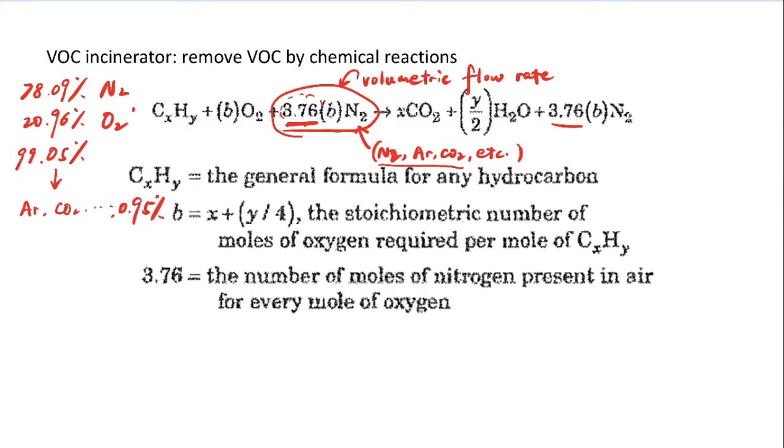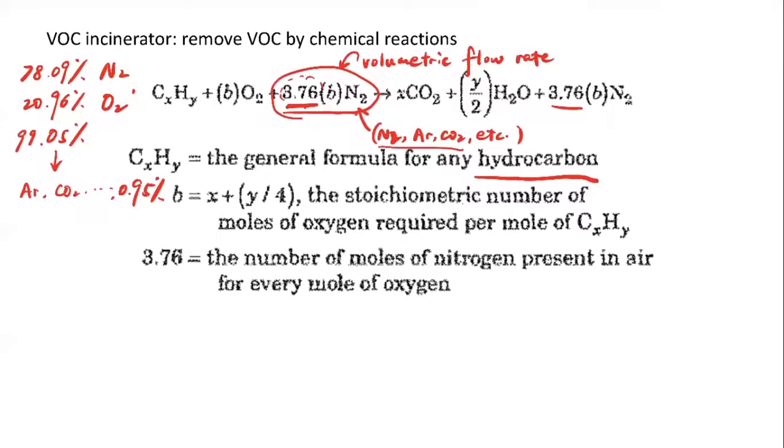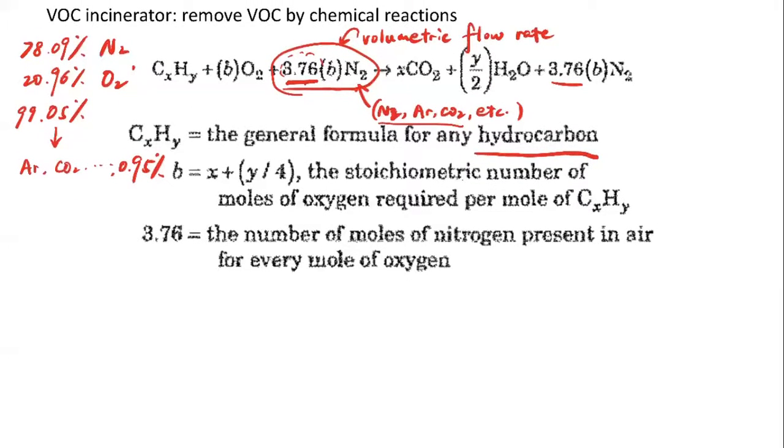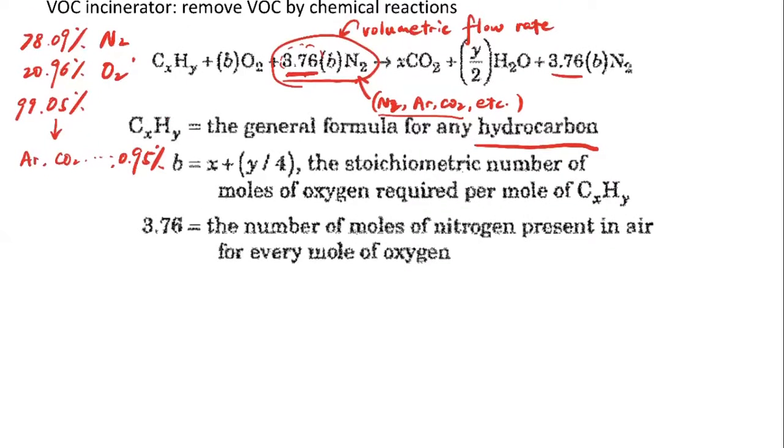So this is the general formula for the reaction of any hydrocarbon here. And we know that for this reaction to be stoichiometric, we need to consider the situation where all the carbon is converted into carbon dioxide, and then hydrogen is converted into water, right?